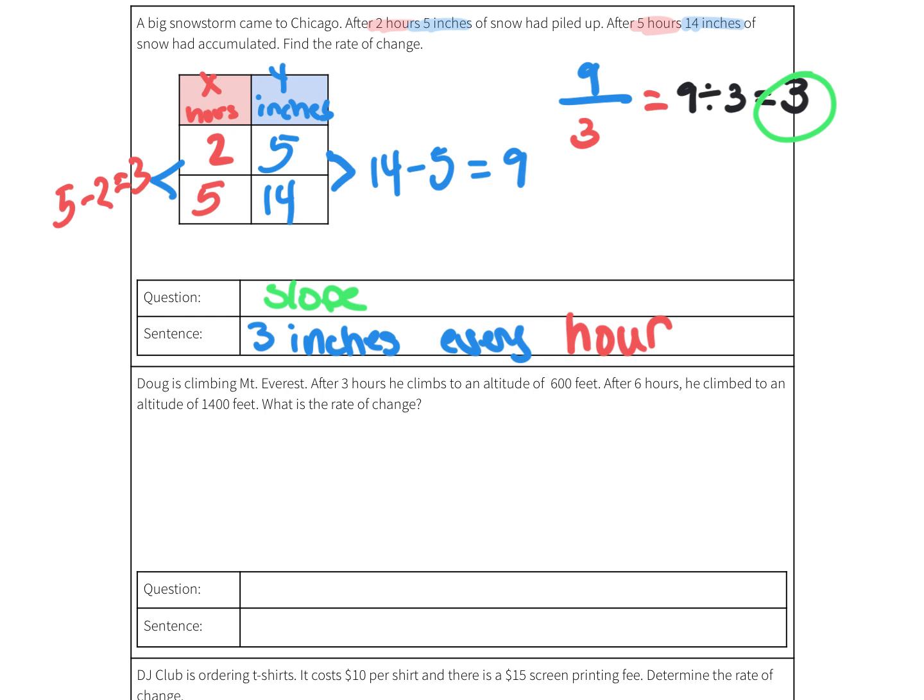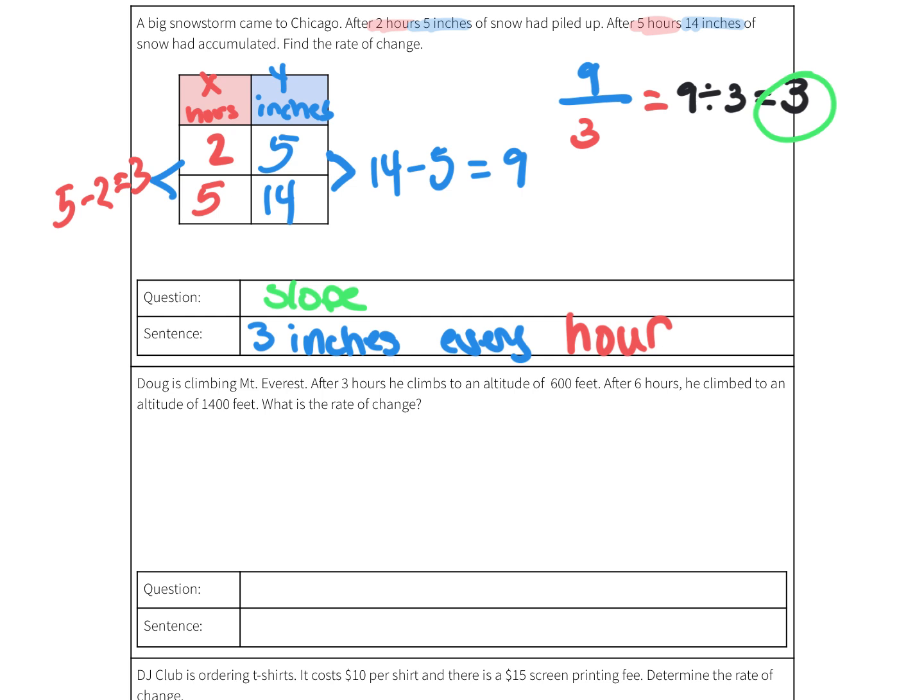Okay, let's try another problem. This one you are not given the table, you are going to have to make it, so you need to figure out when you're finding the rate of change, also known as the slope, what two things are you comparing? So let's read the problem. Doug is climbing Mount Everest. After 3 hours, he climbs to an altitude of 600 feet.